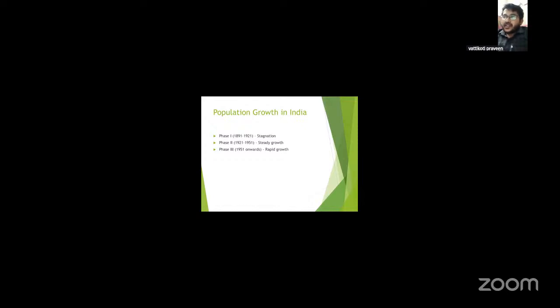The growth rate was slightly more than the present. The third phase of population growth can be seen from 1971, in which birth rates also started showing some decline. For demographers, although there was a decline in birth rates, the absolute population has increased in this stage.